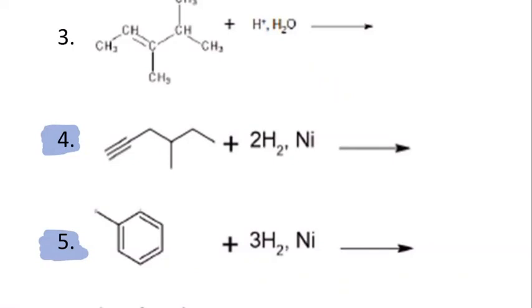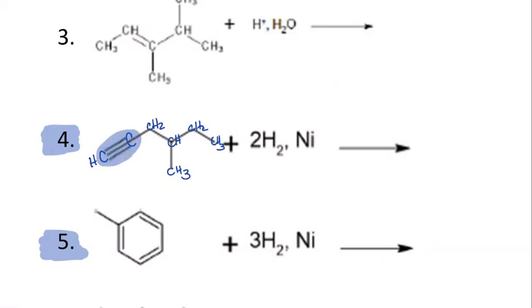So since we have an alkyne, let me just write in the carbons and hydrogens for those students that need that. There's a carbon right here, a hydrogen, there's a carbon right here, there's a CH2 right here, there's a CH, there's a CH2, CH3, CH3. So who is going to react here is only these. That's where the hydrogens go.